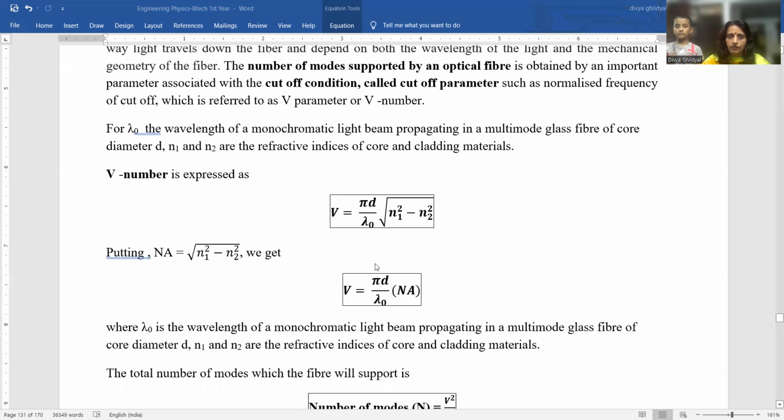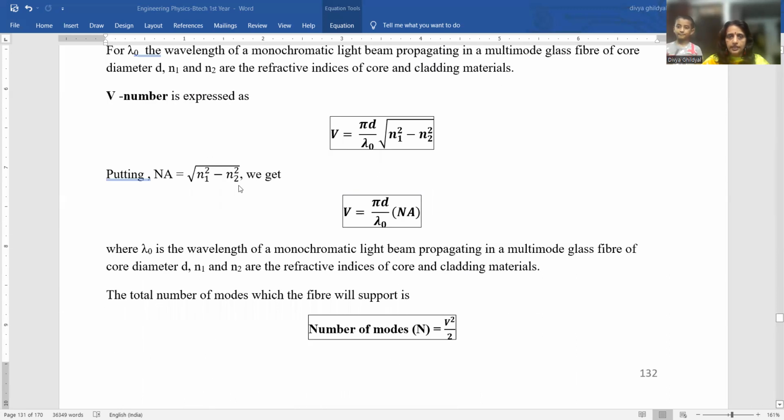We know from the definition of numerical aperture that it is under root n1 square minus n2 square. So the formula for V number becomes pi D upon lambda naught into numerical aperture.